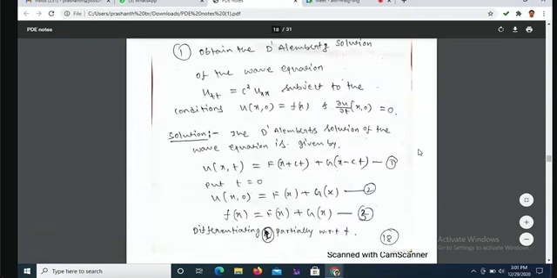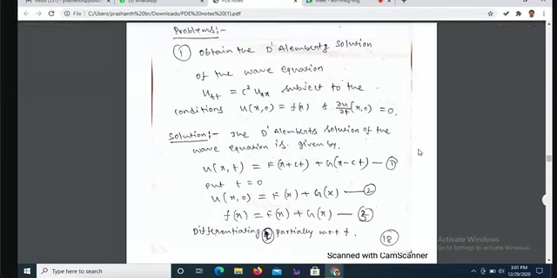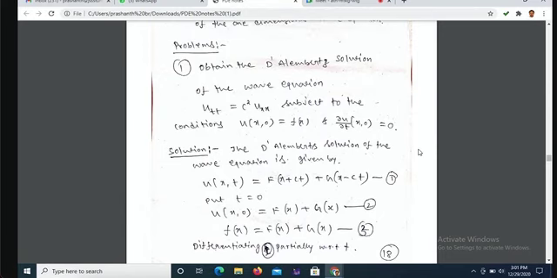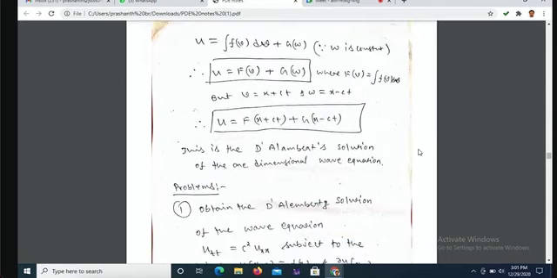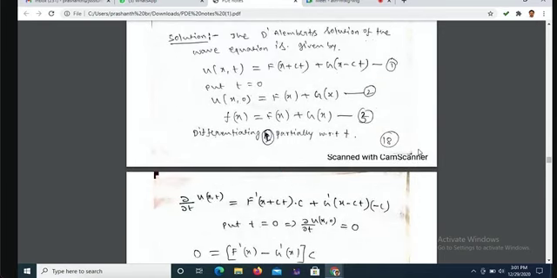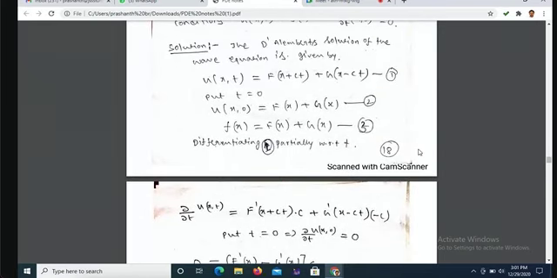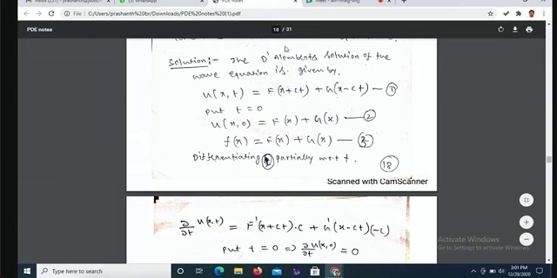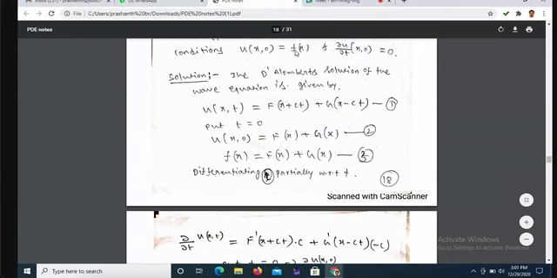We already did this, so you use that. u of x comma t is equal to f of x plus ct plus g of x minus ct. We did the D'Alembert solution. So for that purpose, you put t equals 0, because he has given u of x comma 0 is f of x. Means what? In the place of t, in the D'Alembert solution you got, you put 0, so that you will get f of x here.